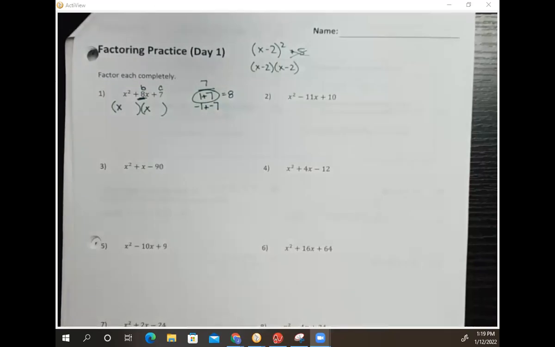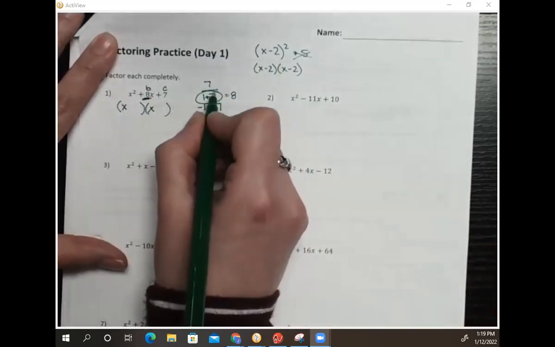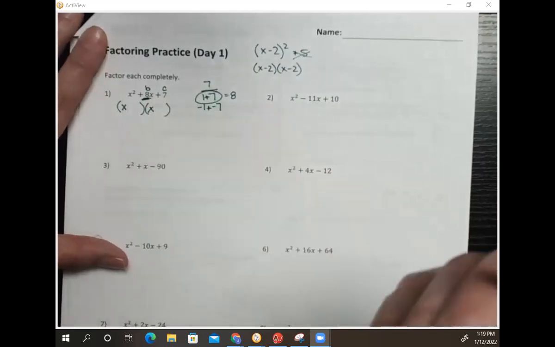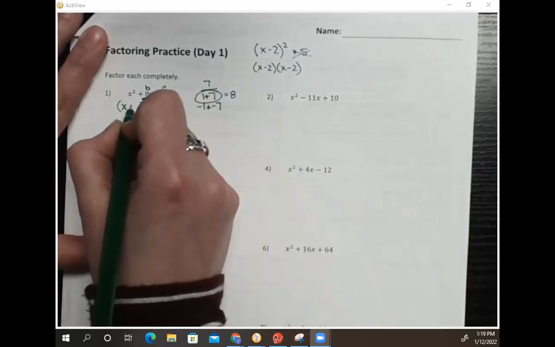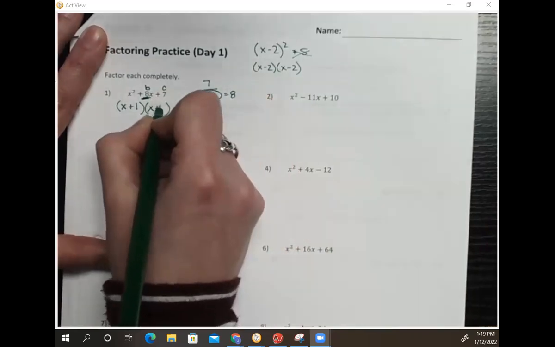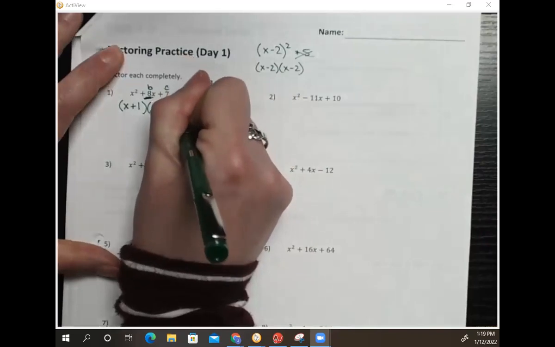We'll look at different problems a little bit later on in this unit, but for today, we're always going to have x times x. And then we're going to finish our factors with the numbers that we've chosen here, the ones that fit both those criteria. They multiply to 7, but they add to 8. So since it's +1, I'll have x plus 1, and this was +7, so x plus 7. That's my factored form.